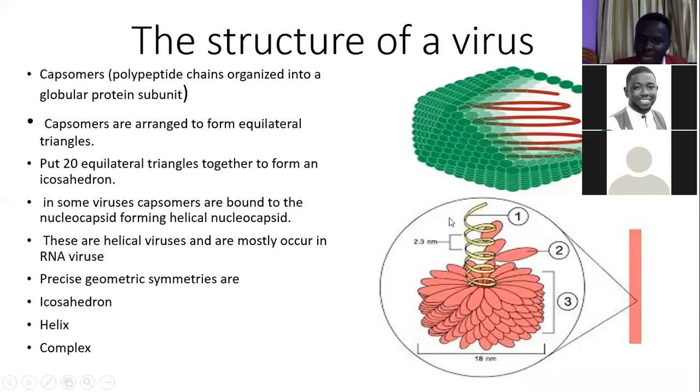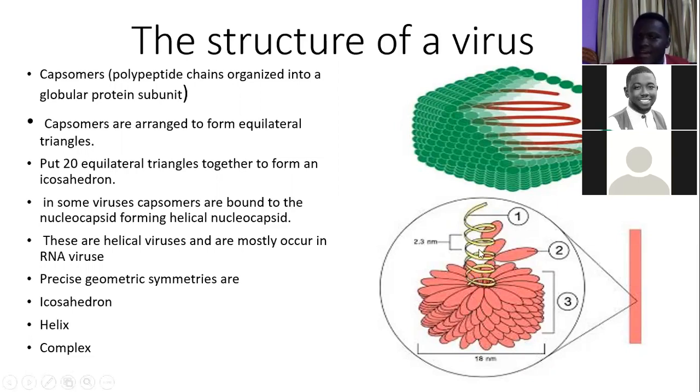We have other viruses that are helical. With the helical virus, these are the capsomeres. The capsomeres are attached to the nucleic acid, that is the DNA or RNA. This is the RNA. Once they are attached, as the nucleic acid is winding and twisting, the structure is also twisting. In that order, we get a helix forming.